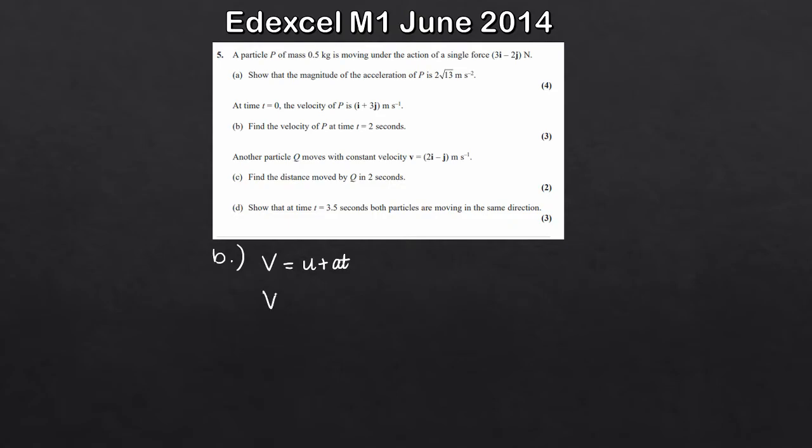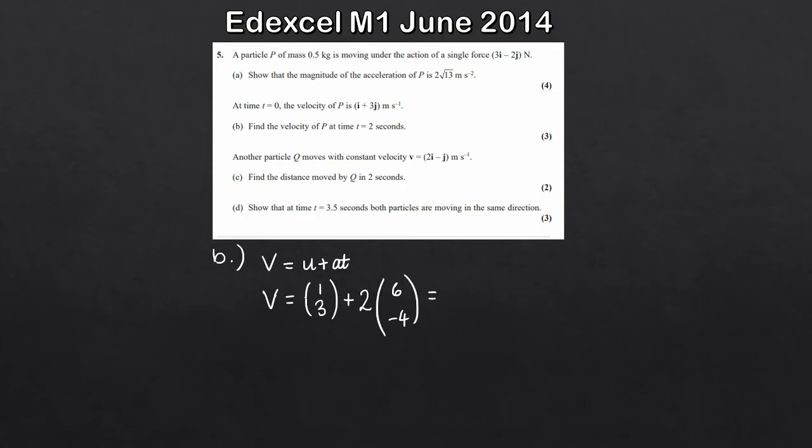So in that case, v, that's what we're going to work out now, is equal to u. So that's the initial velocity, which they've given to us. That's i plus 3j, so 1, 3. And then we do at. So t is 2, so that's 2 times a, which a we've just worked out in part A. So what's that going to be? Well, that's going to be 6, minus 4 there.